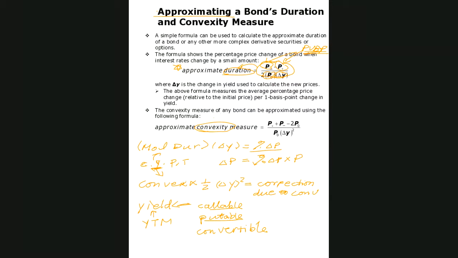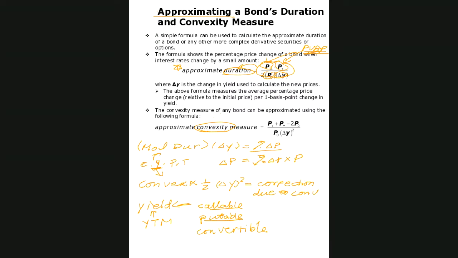The point here is that once we can approximate the duration, we can use it partially as a comparison to other bonds, and partially for approximating the percentage change in other price points. Okay, so the formula is fairly simple. We have price minus, price plus.